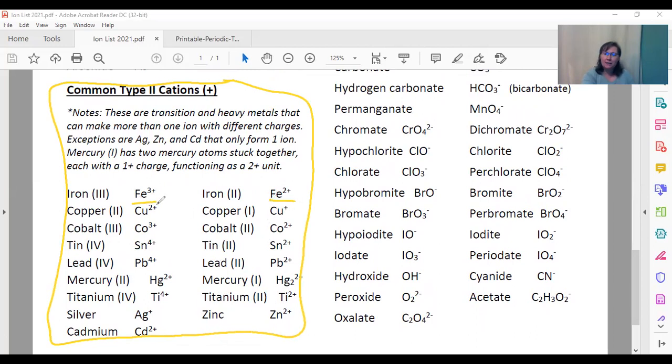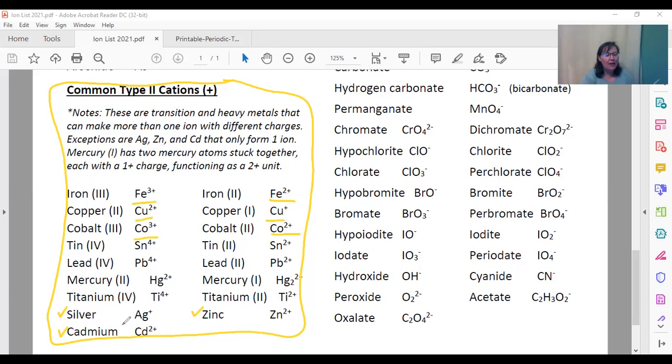And so this first one has lost 3 electrons, and this one has lost 2 electrons, and copper 2 and copper 1 and cobalt 3 and cobalt 2. You'll find down here a few of them, and that is silver, cadmium, and zinc. And silver, cadmium, and zinc each only form one cation.